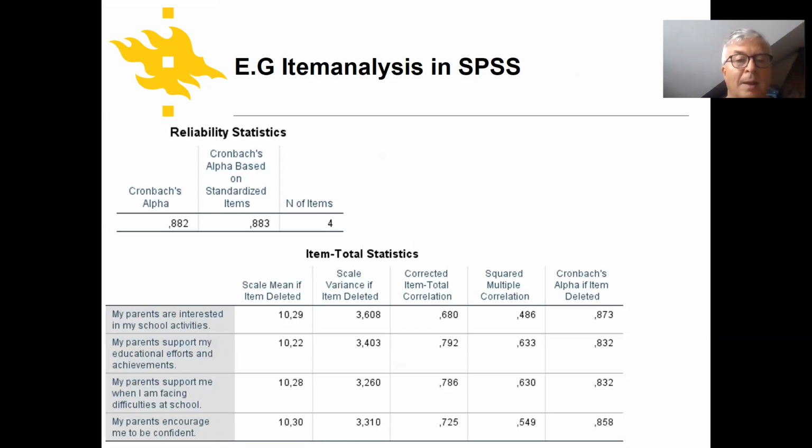Now then, if we look more in depth at the results, you remember that we selected the Cronbach's alpha. That's the same we already had there. But then we have this really nice table with the item total statistics.